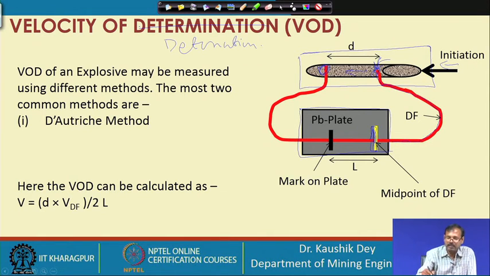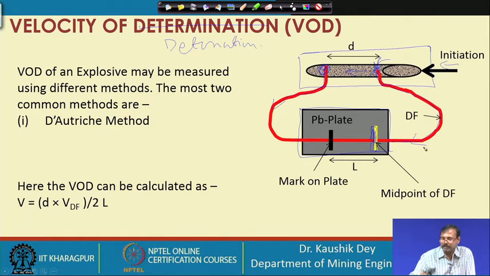The moment initiation reaches this point, this detonating fuse receives the initiation, and detonation of the fuse starts from this side towards this direction.